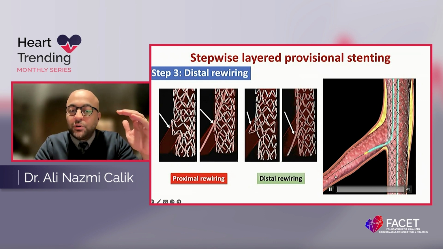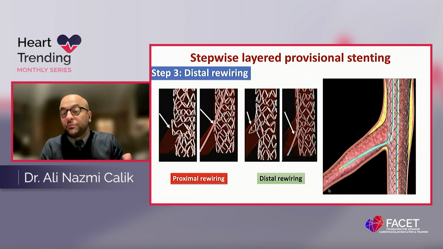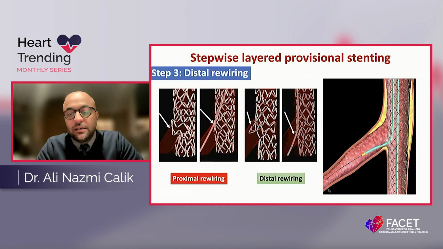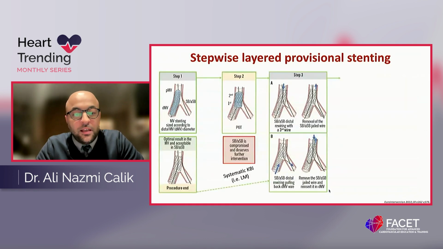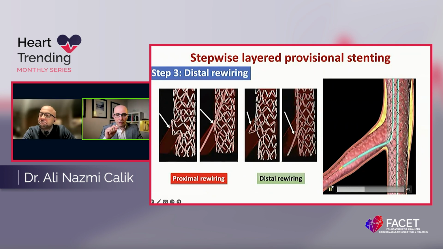It is really important for the further steps of the procedure, Chadi. It is really important to go through the distal struts. Is there a certain shape of the wire for rewiring? Of course there is.